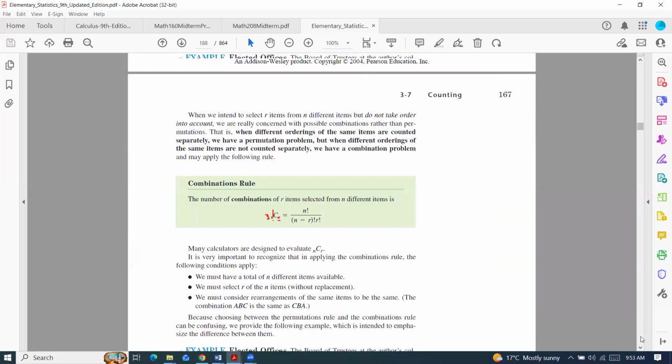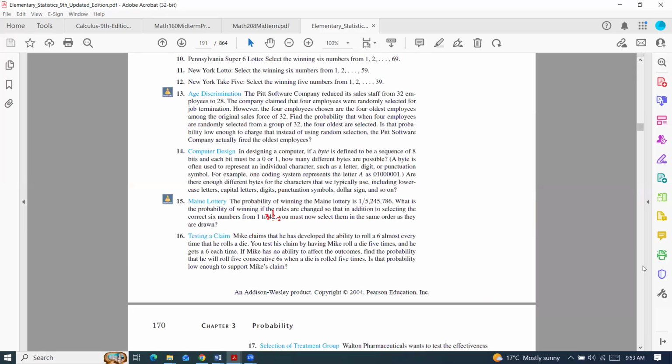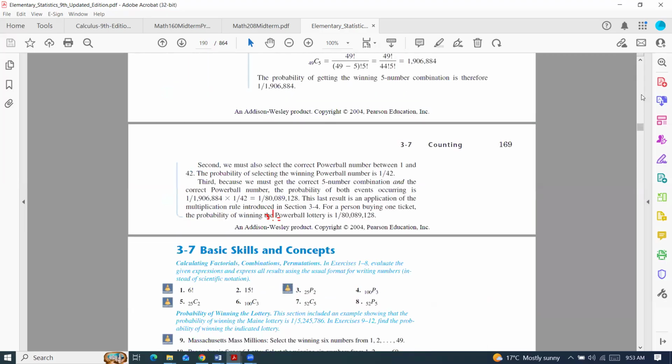At the end of this section, they ask you to find a few factorials, like here in the exercises, problem number 1, they have 6 factorial, and you can multiply 6 times 5 times 4 times 3 times 2 times 1, or you could use a calculator.